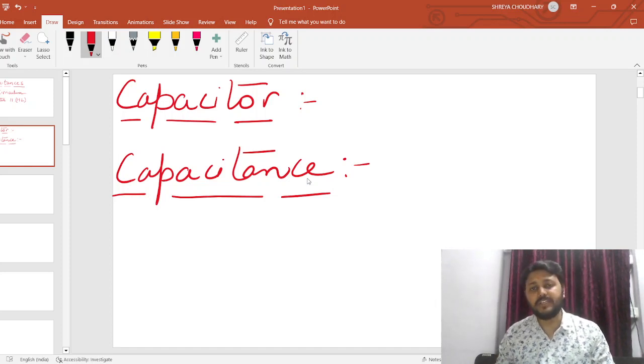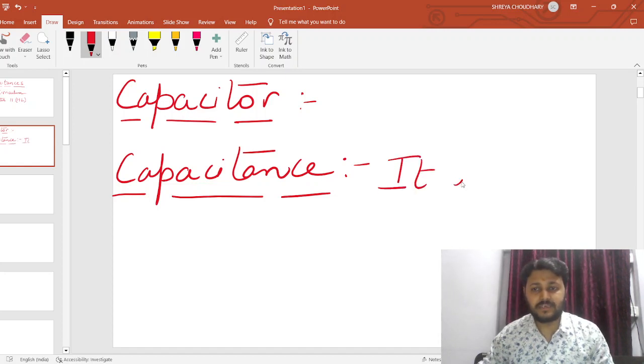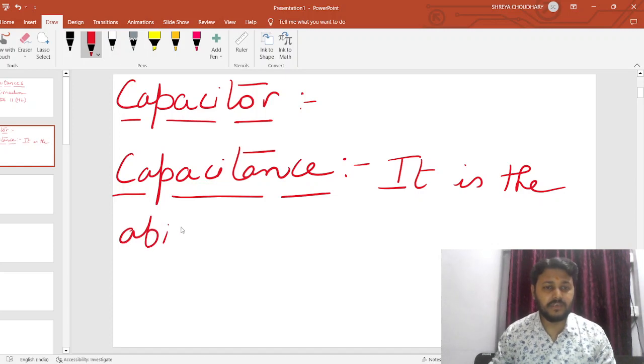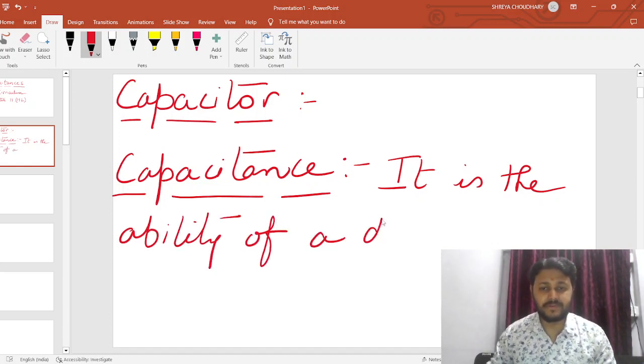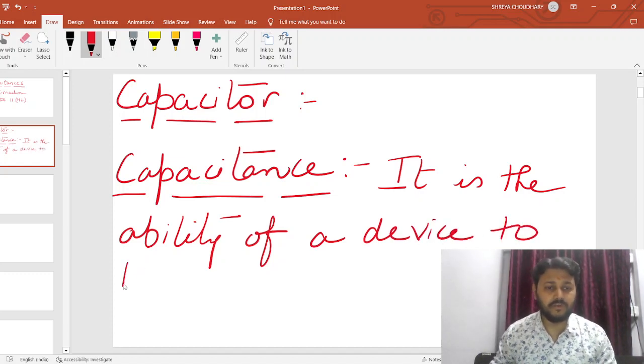It is the ability of the device to hold the charge. Let me write down: it is the ability of a device to hold the charge.